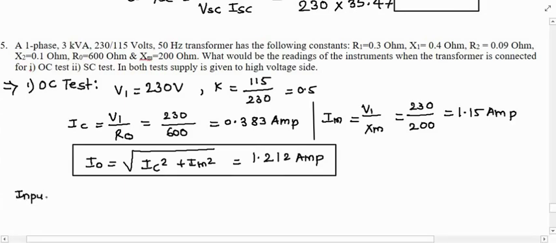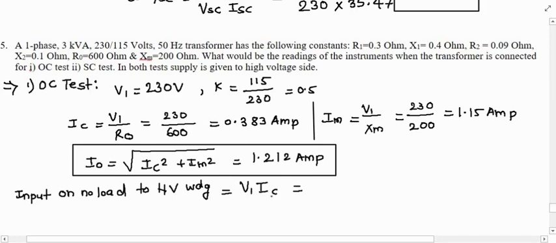So I will write down input on no load to high voltage winding equals V1 into IC. V1 into IC. So what is IC? IC is nothing but I0 into cos of phi 0. We know that input on no load to the high voltage winding is V1 I0 cos of phi 0. Right?